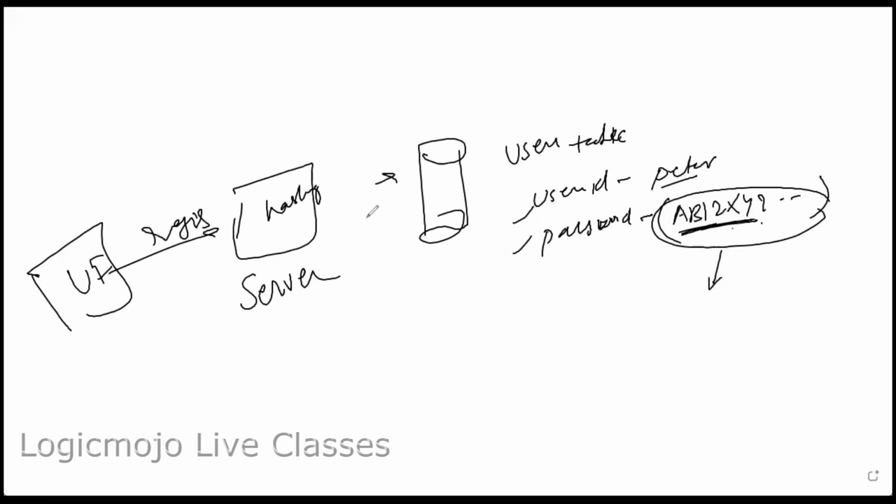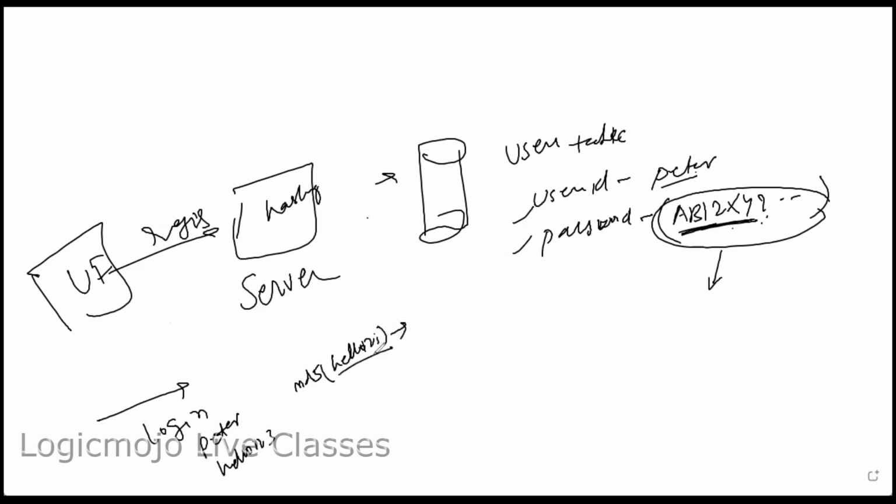So you have done a registration, we have stored Peter and this value here, and the original password is lost. Nobody knows what the original password was. Now the user will try to log in with Peter and hello123 as password. It will come here again, go through that message digest, and use this hello123.